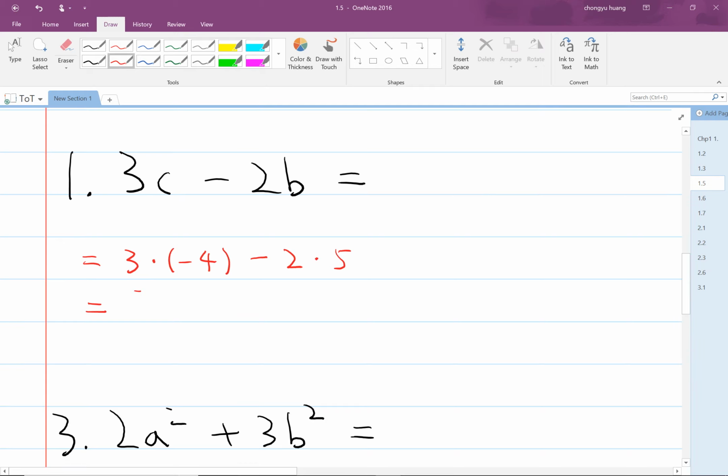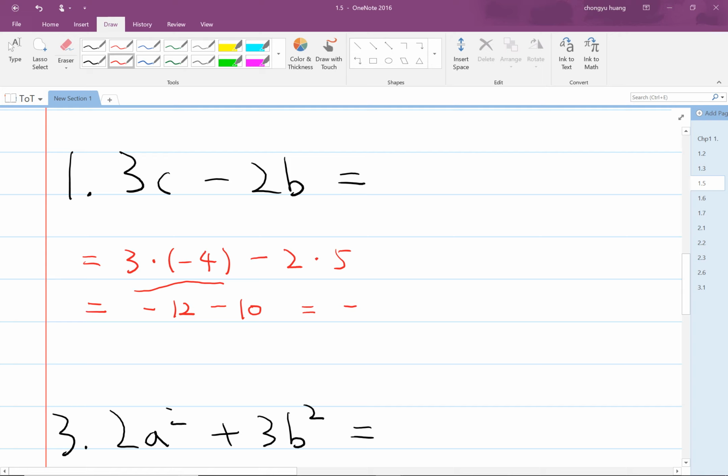Here we have 3 multiplied by -4, and everyone should know it's -12, right? And then minus 2 multiplied by 5, which is 10, so you minus 10. Then you just do the subtraction: -12 minus 10.